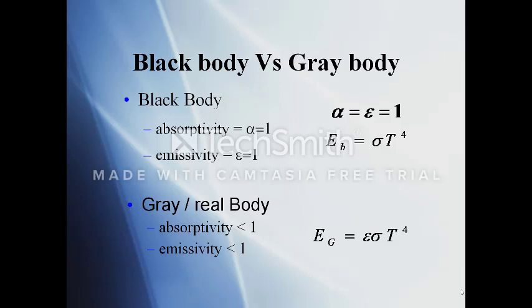So both alpha and epsilon are equal to 1 for a black body, and as per Stefan-Boltzmann law, emissive power of a black body E_b is equal to sigma into T power 4. For gray body, absorptivity is less than 1 and emissivity is also less than 1, and its emissive power E_g is equal to epsilon into sigma into T power 4. That's why a black body is always called a perfect absorber or perfect emitter.